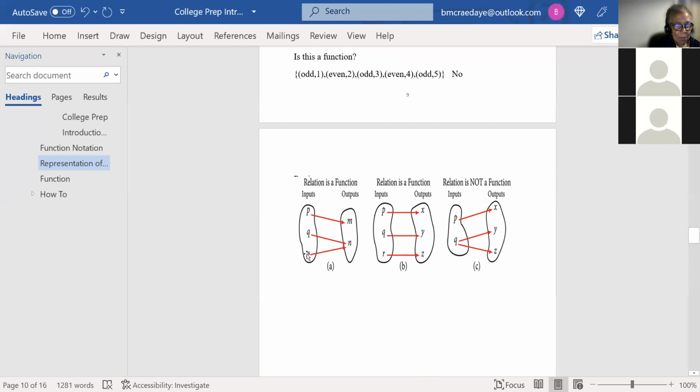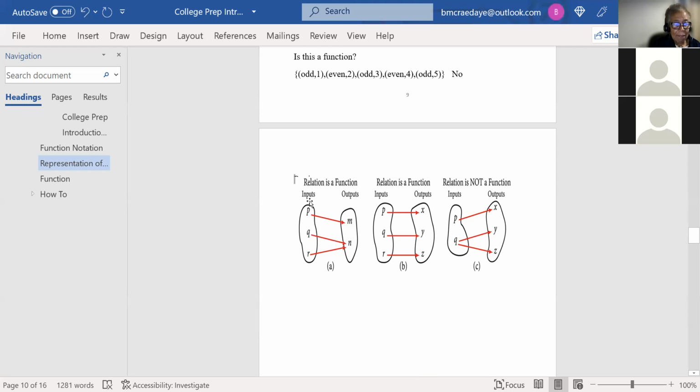Okay. So that relation is a function because P is an input, maps to M. Q is an input, maps to N. R is an input, maps to N. Now notice both of these are mapping to N, but that's a Y value. So we don't care about the Ys when we identify functions.